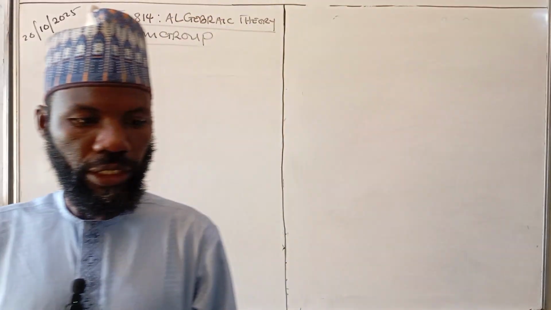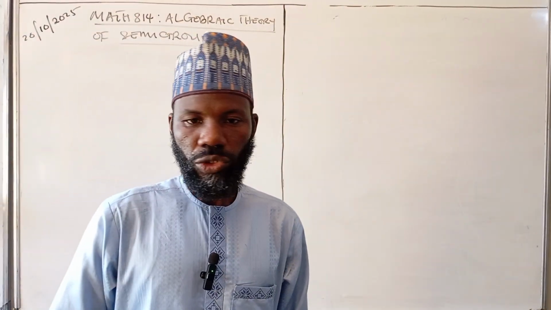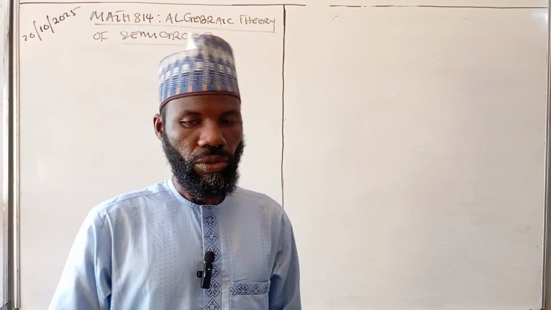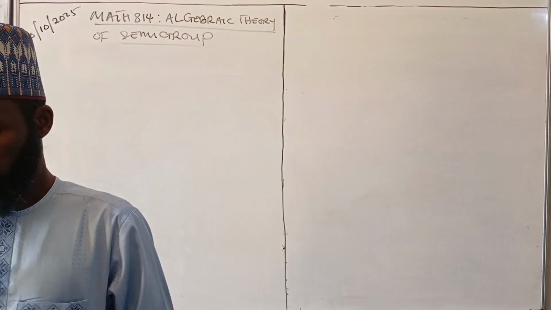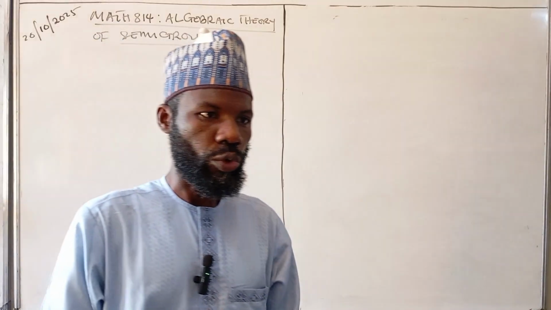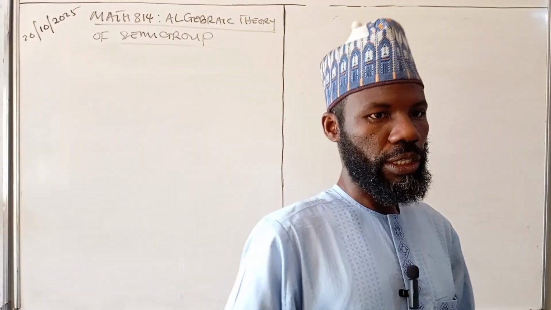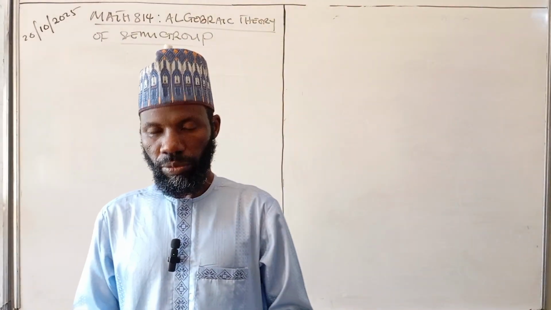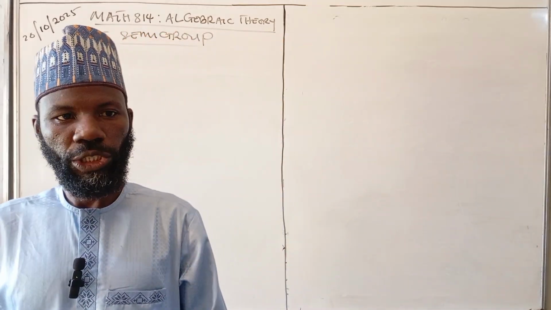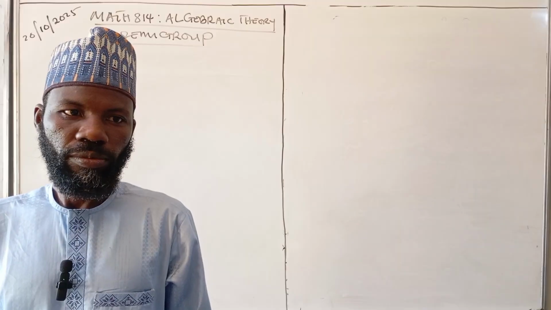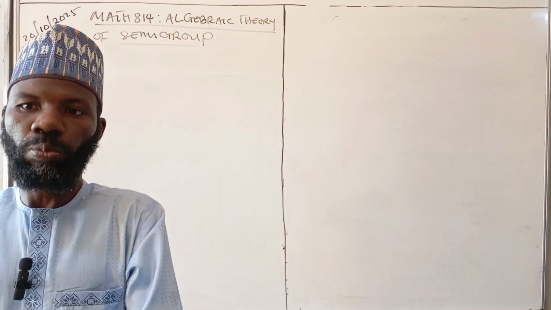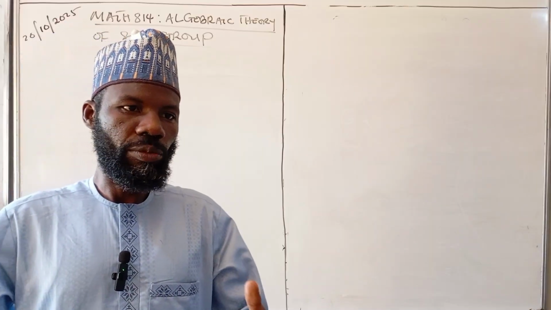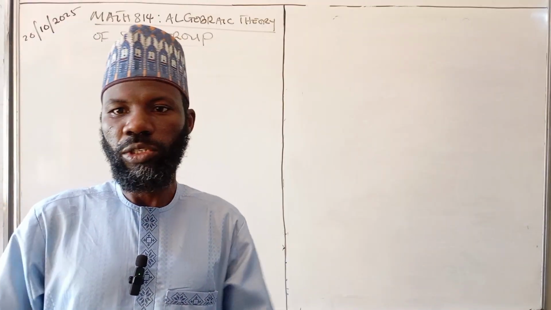So last time we looked at the concept of groups, semigroups that are groups. And then we also looked at zero groups. A zero group is a semigroup with zero for which the removal of zero leaves a group, like the semigroup of real numbers under multiplication.